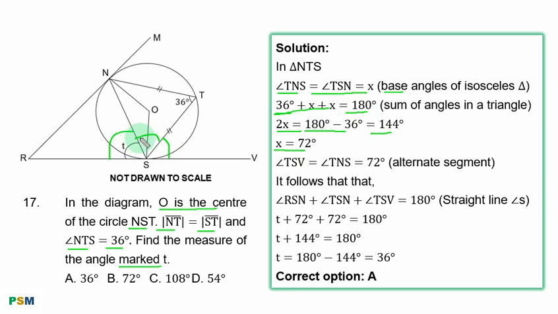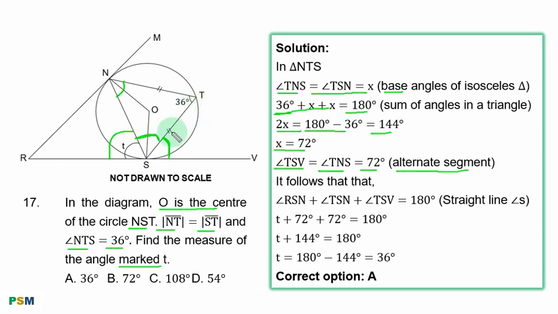So this angle is known. Angle TSV is equal to angle TNS equal to 72 degrees. Alternate segment. This angle and this angle, they are equal.